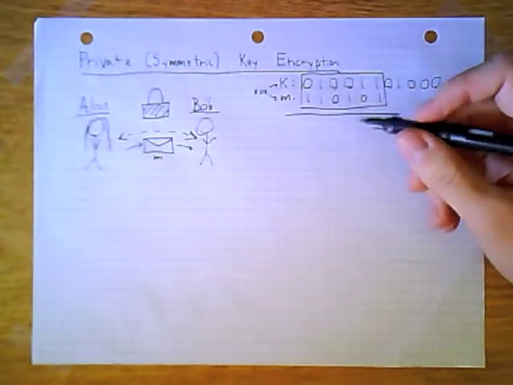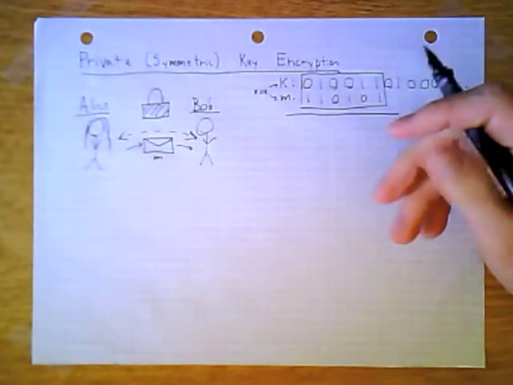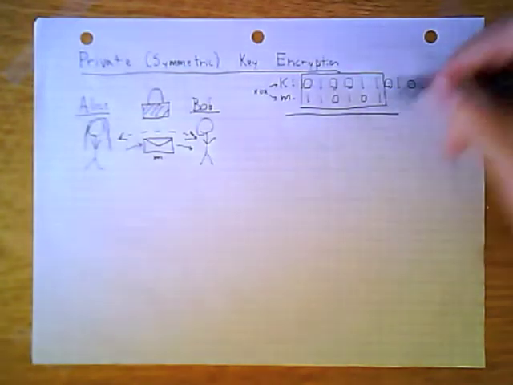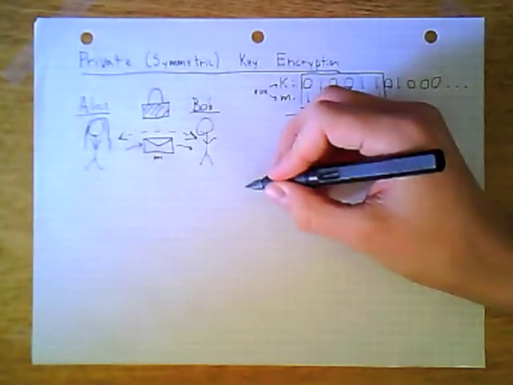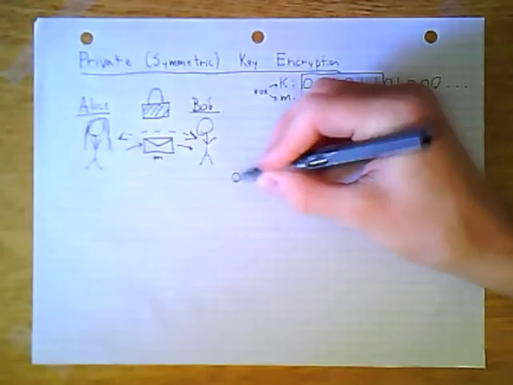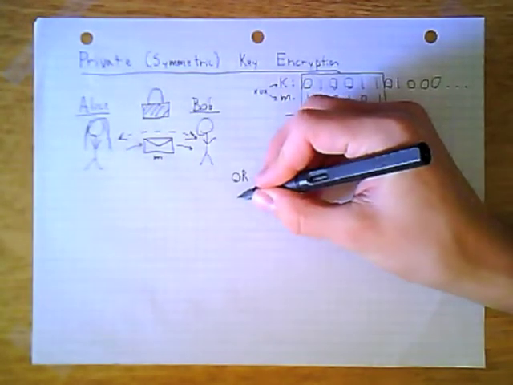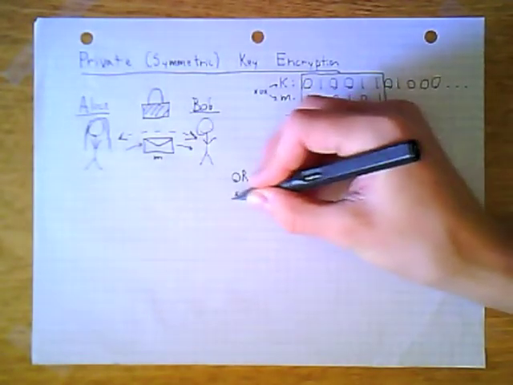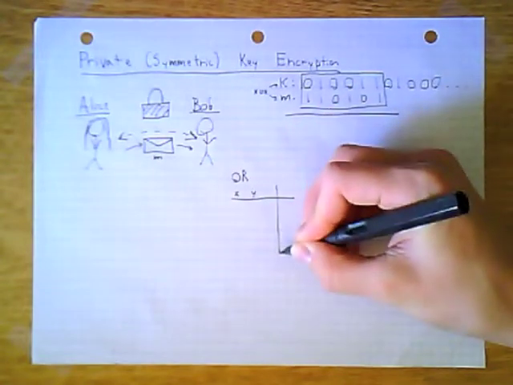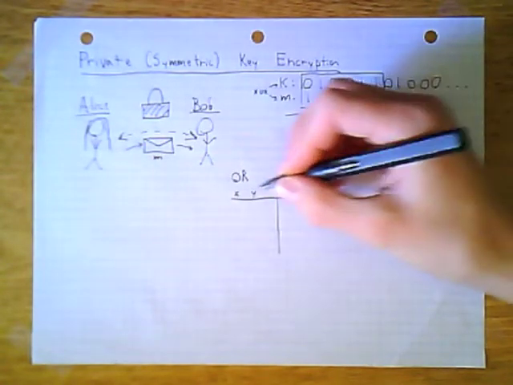So the XOR operation, if you know anything about binary operations or about digital logic, is similar to the OR operation. The OR operation in digital logic goes something like this. If you have 2 bits that you're ORing together, an X and a Y, you're going to get an output.